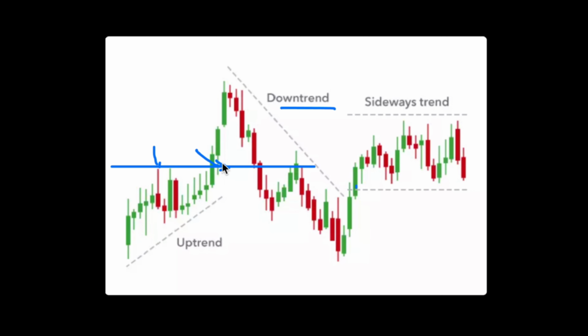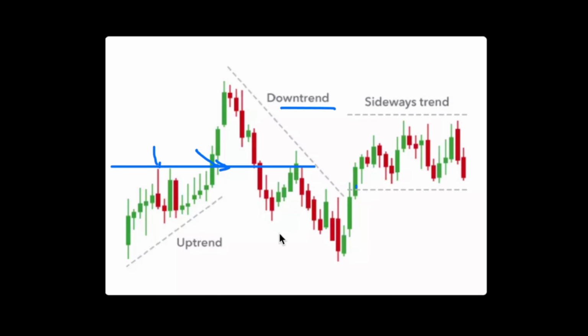It broke above, and then it came back to retest. And you can see that buyers pushed this price higher, and then the trend continued, right? And then in a downtrend, similar thing. Once price broke down this support, it became a resistance, right? And then, as you can see, on a retest, it failed and continued lower.